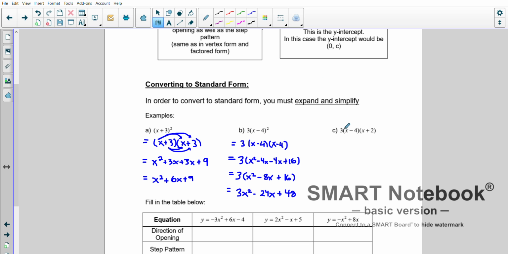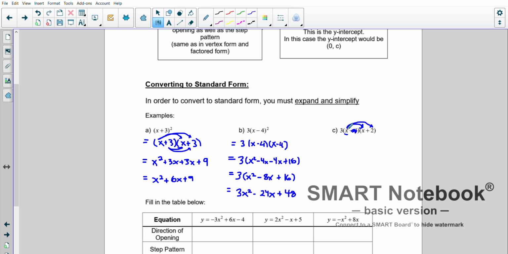So if given a scenario where you have an a value and then a binomial, I always multiply the binomial times the binomial first. And how you're going to do that is you take the first term here, which is x, and you do a distributive property. So you're basically pretending that this -4 doesn't even exist.